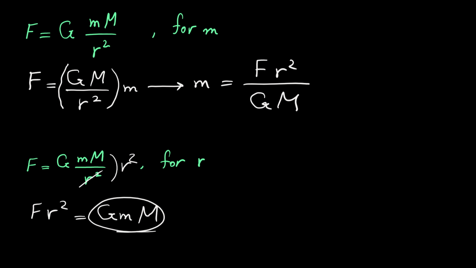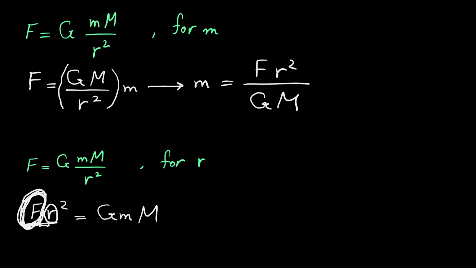Now, for finding r from this equation, we have this coefficient for r. Attention, r is the unknown and everything other than r is a number. So this is like a number, and we want to get rid of this number. How can we eliminate F?